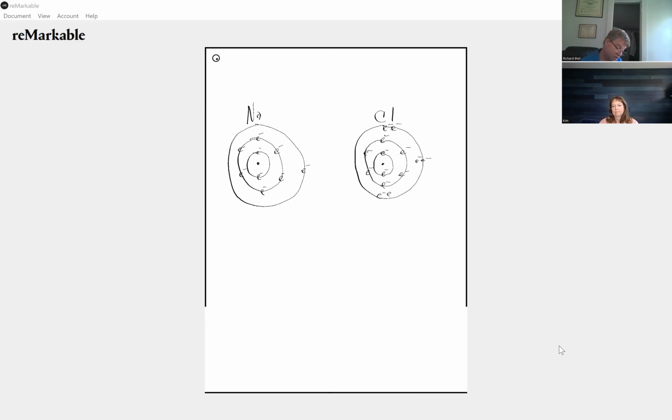Well, as it turns out, chlorine has 7 electrons in the outer valence shell. Sodium has 1. Now, it turns out electrons like living together. No electron likes being alone. Every electron wants to live with another electron.